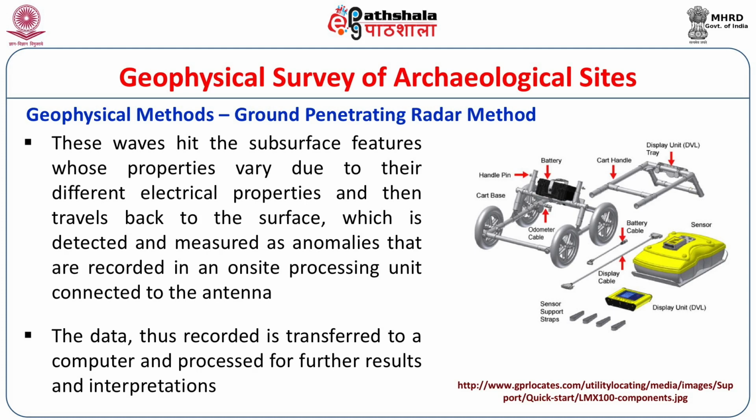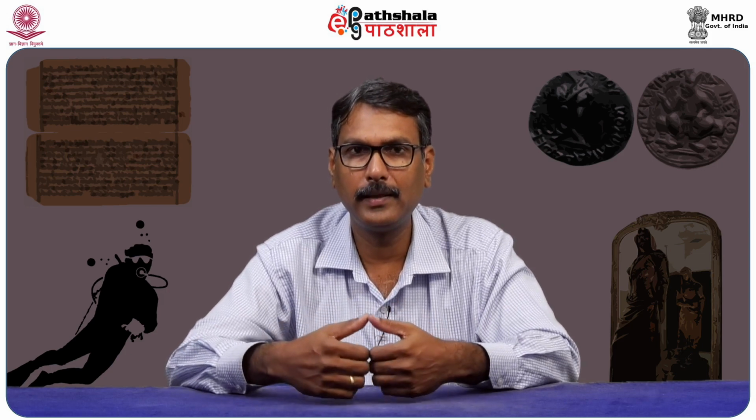So it generally consists of a wheeled carriage like this, and antennas of different wavelengths are used for different depths. It can be moved on a surface continuously. Then it can be directly connected to an on-field monitor, and the recordings can be made in the inbuilt memory chip.